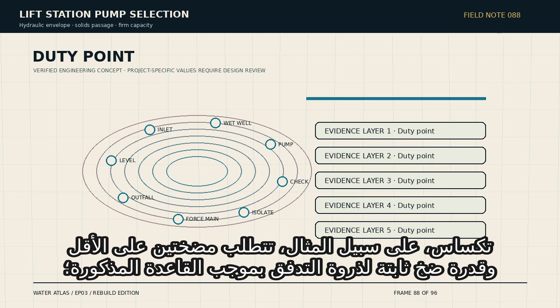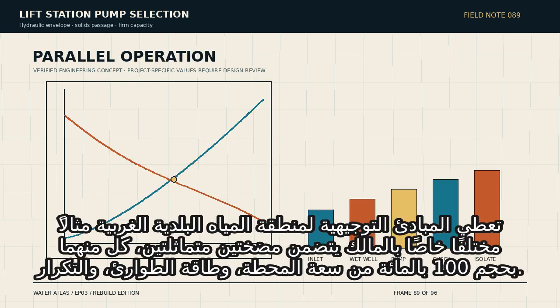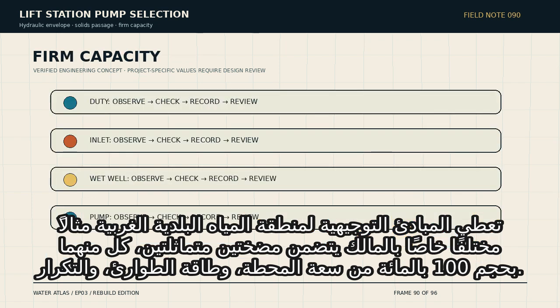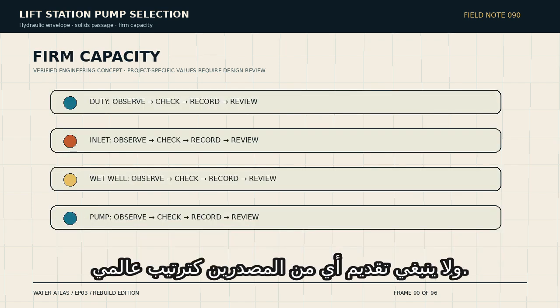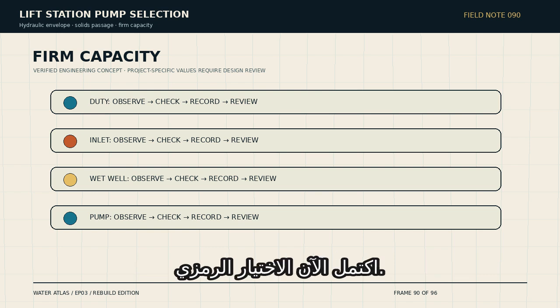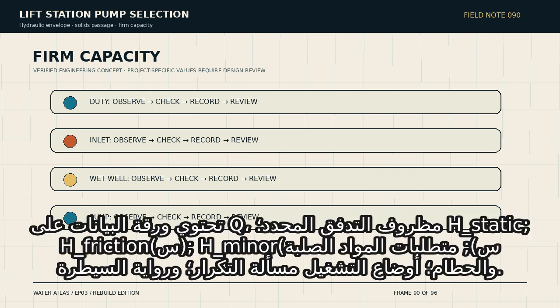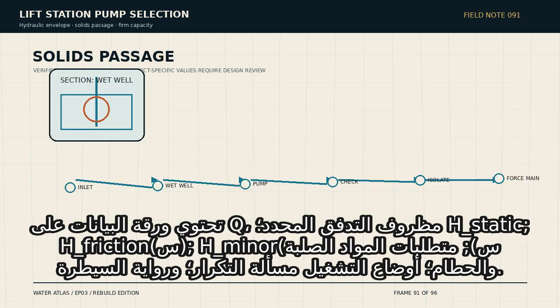The symbolic selection is now complete. The datasheet contains the defined flow envelope, static head, friction loss that changes with flow, minor losses, the solids and debris requirement, the operating modes, the redundancy question, and the control narrative. The conceptual system curve adds static head, friction loss, and minor loss.